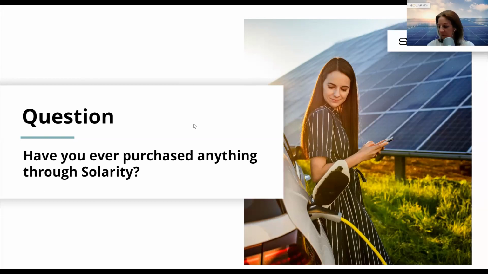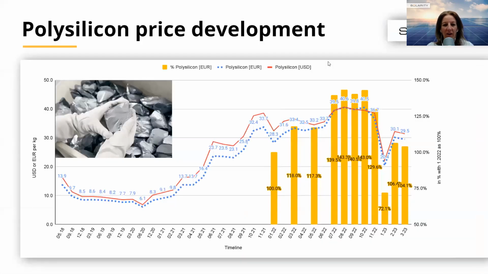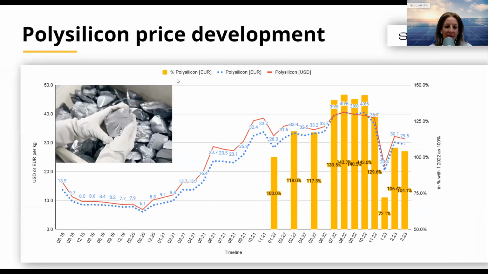Okay, so we can move to another slide. Let's start with the most important part of the modules, and it's polysilicon. Here you have a graph picture about the price development. Our zero point is in January 2022, where you can see that the price was 28.3 euro per kilo.